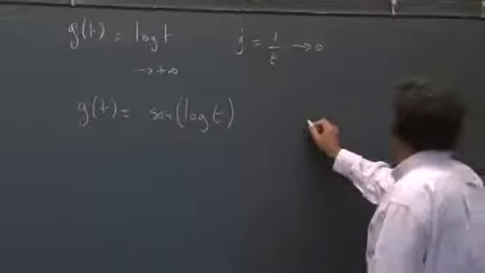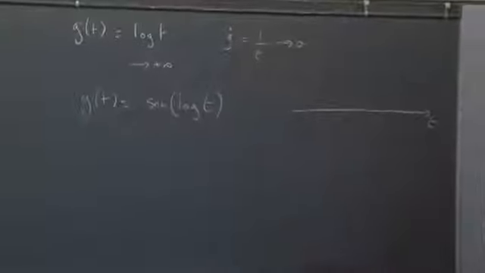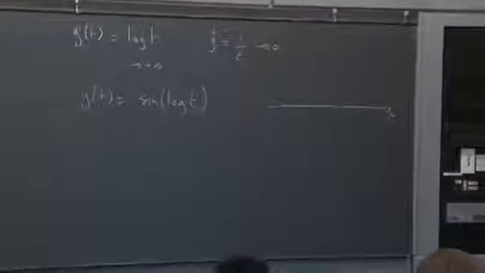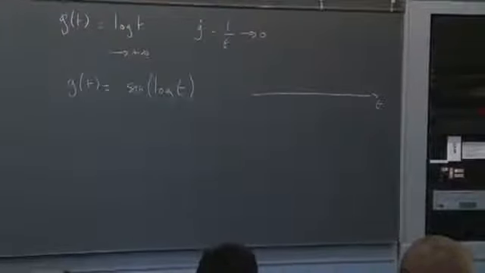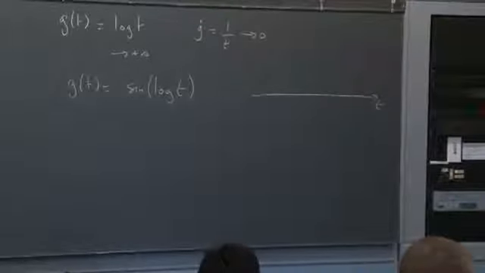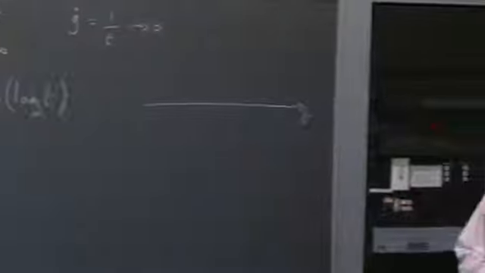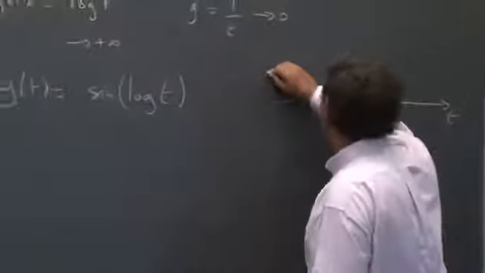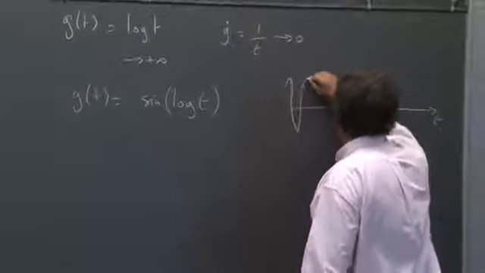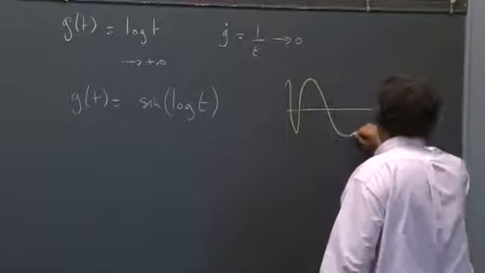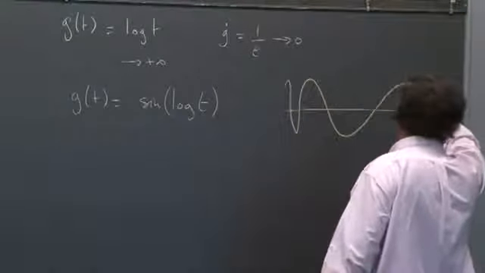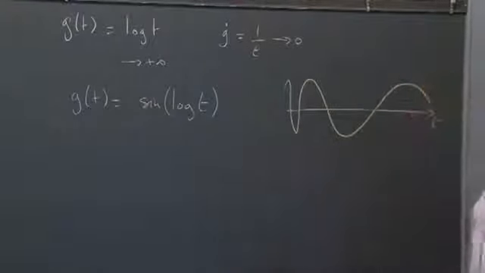So what does sine of log t look like as a function of time? Think of it. Well, basically, it's a function that gets more and more boring, right? Like some classes. So it starts doing lots of things, being very excited, and then it gets flatter and flatter. But it never tends anywhere, right?